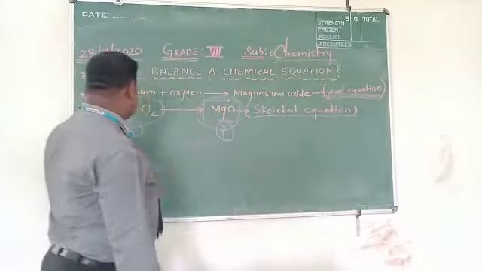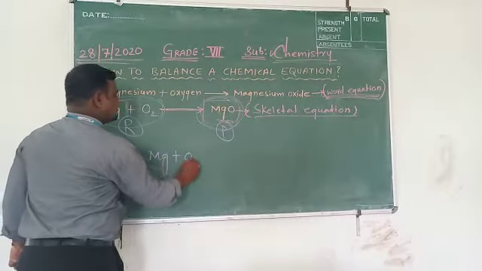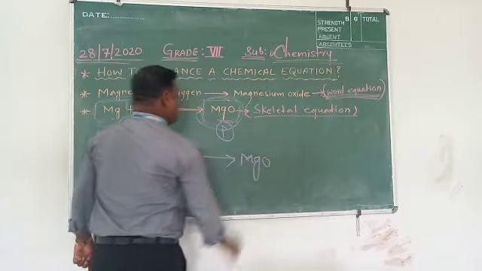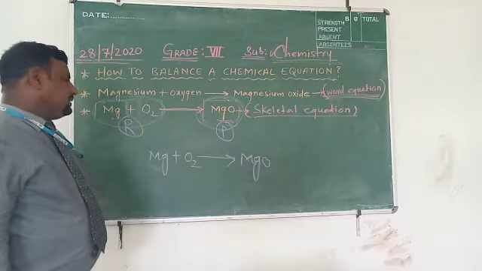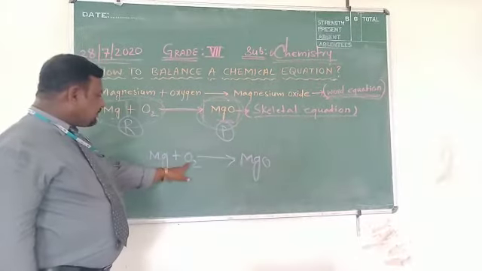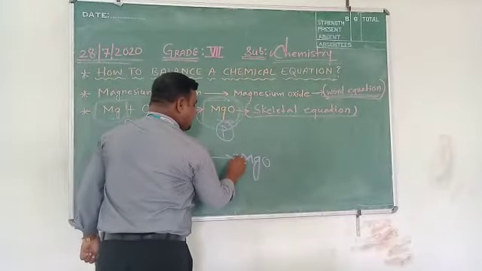So how to balance now? Magnesium plus oxygen gives magnesium oxide. Because here the number of atoms of oxygen is 2, on the right side, the product side, you can multiply by 2.